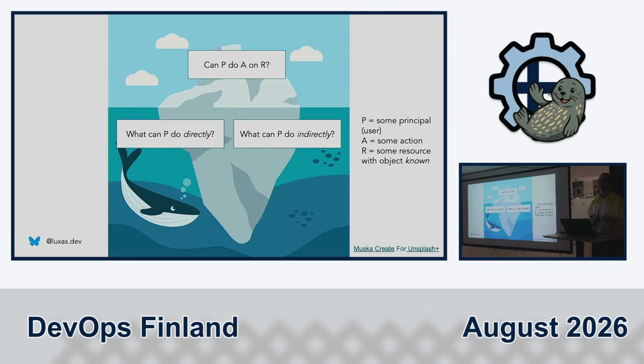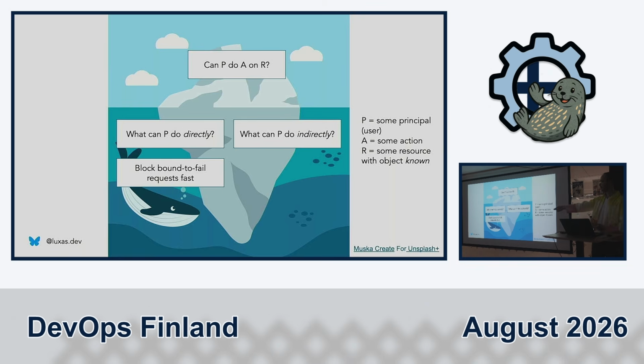So you can be like, damn it, I don't have access to this crown jewel of the company, but I can create a workload in the same namespace and just tell Kubernetes to give me the secret. And this is a feature, but it's one that people don't think about so easily. Yes, it's in the docs, but it's not something you think about as you're applying things and using it day to day. So in no audit would it show up that Lucas can read secrets, which I in fact can, because I could create a workload which gives me the secret.